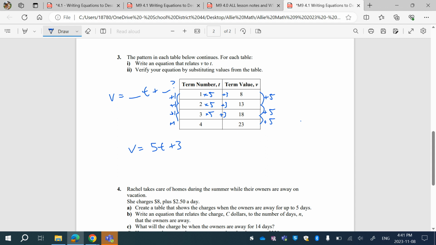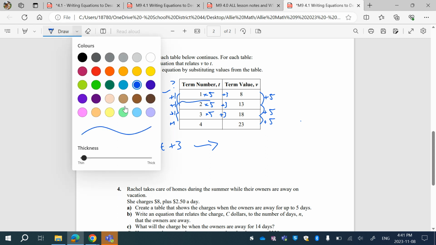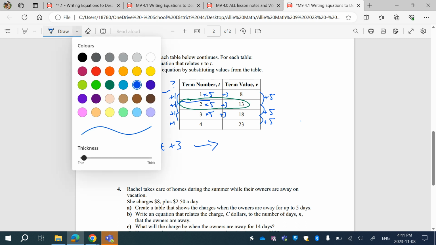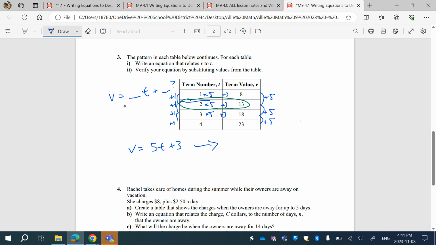So you just got to examine it, look at how those relate to each other, find the pattern and make an equation based on that. And then let's put in a value to check it. So let's try this one right here. Is it true that 13 equals 5 times 2 plus 3?